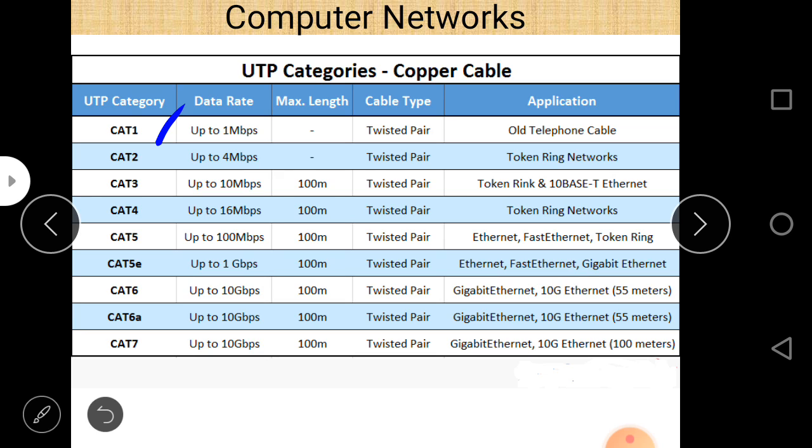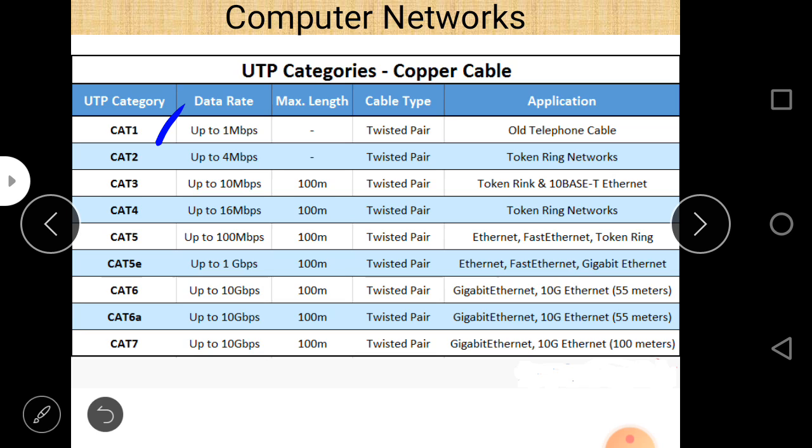Cat 2 data rate is up to 4 megabits per second. For Cat 3 it is 10 megabits per second. For Cat 4 it is up to 16 megabits per second. Cat 5 speed is up to 100 megabits per second. For Cat 5e it is up to 1 gigabit per second, and Cat 7 maximum speed is 10 gigabits per second.